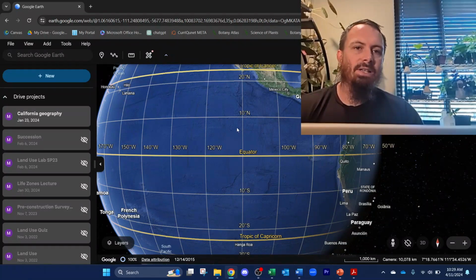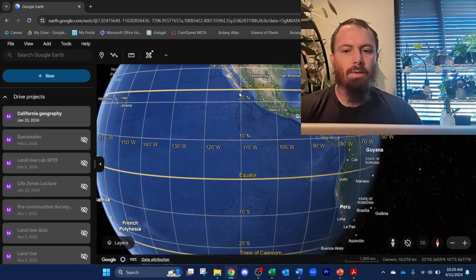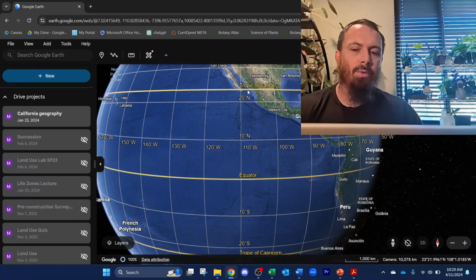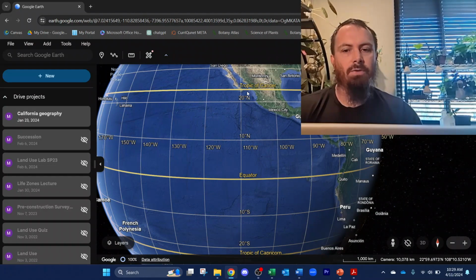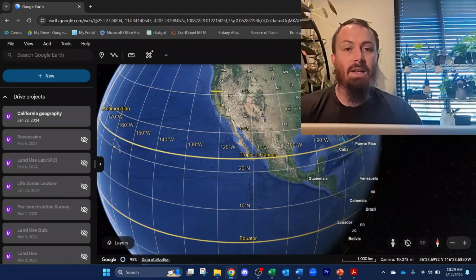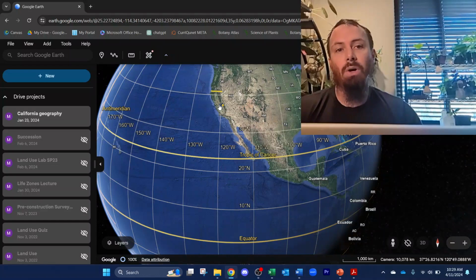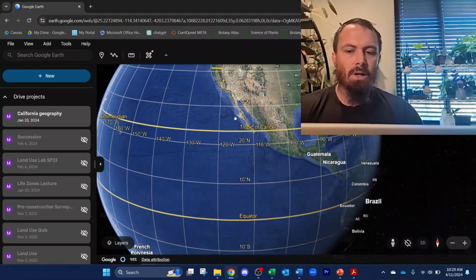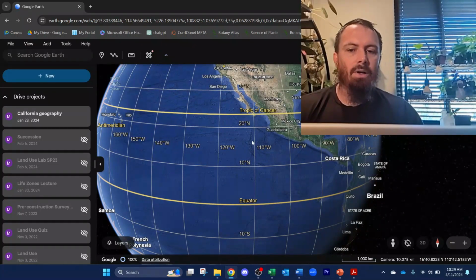So let's say we look at the summer solstice. We're at the Tropic of Cancer, right? So that's going to be the highest point the sun ever gets for us. You can see that means the sun is never directly above us. The sun is always to our south. Now, if you were, say, here, then at various parts of the year, the sun would be to your south, then it would be directly above you, and then for a little bit, it would even be to your north. Now, for us, it's always to our south because the furthest it gets is the Tropic of Cancer.